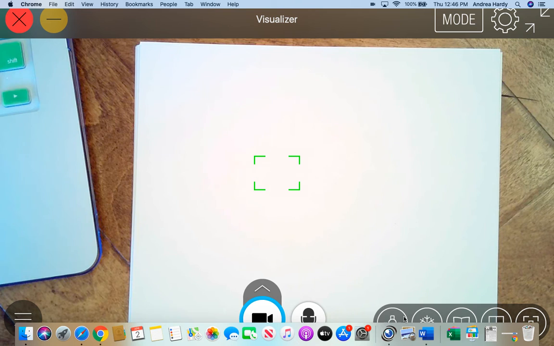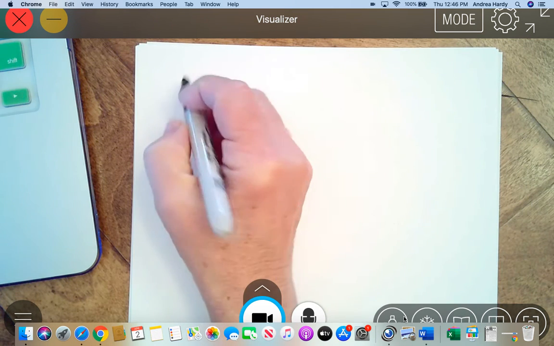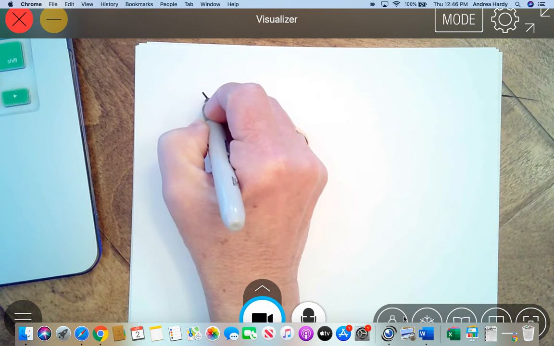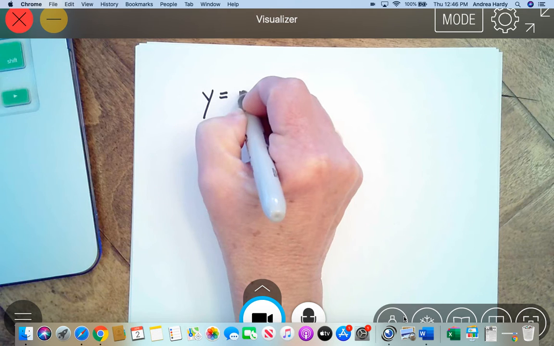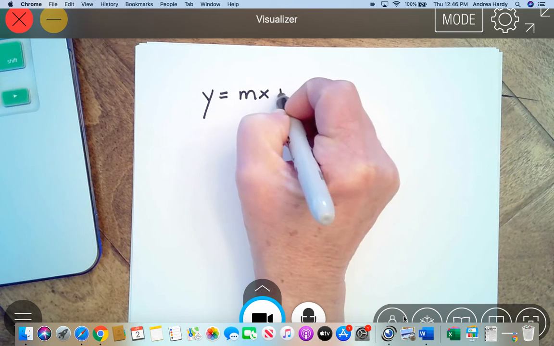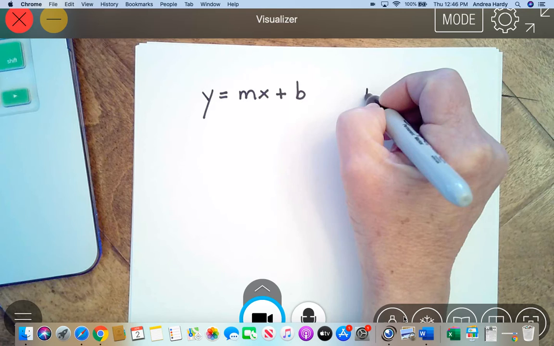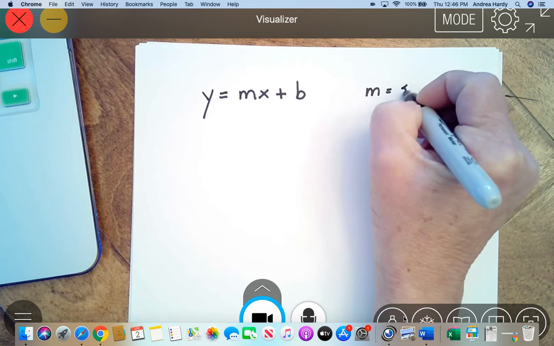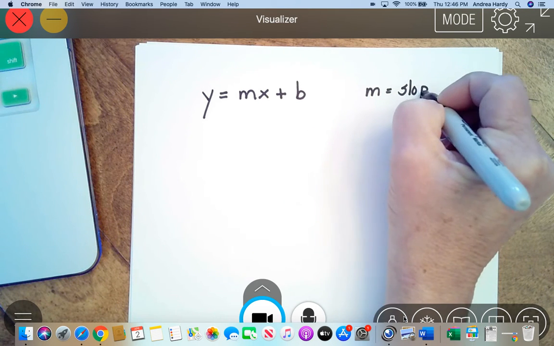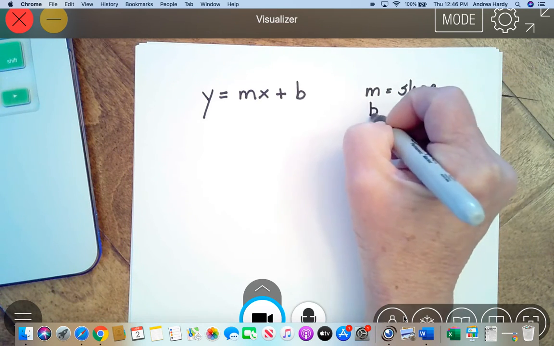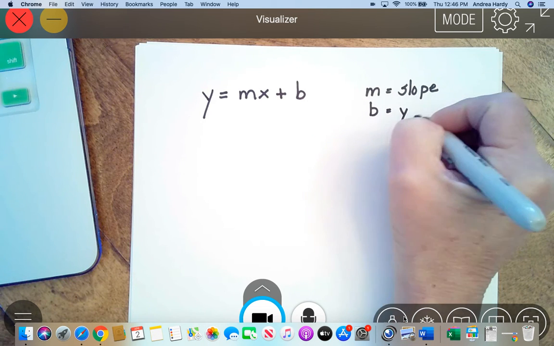So, first of all, if you remember, we have y is equal to mx plus b. This is a linear function where m is the slope and b is my y-intercept.